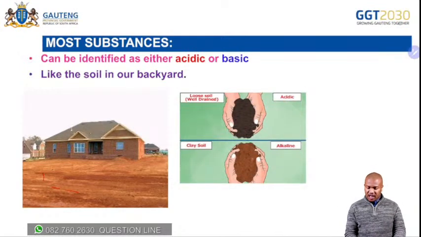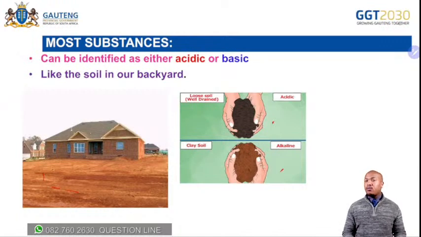These are two types of soil, right? We have the loose soil, which is well drained, and we have clay soil, which is alkaline, and the loose soil, it is acidic. These soil types are different in terms of their pH value. This one is acidic and this one is alkaline. These soils serve different purposes as well.